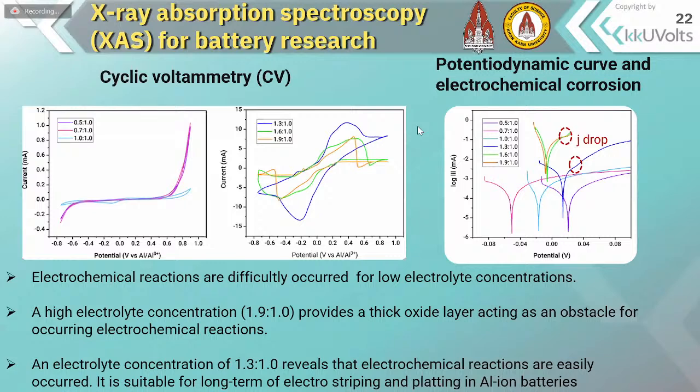And finally, an electrolyte concentration of 1.3 per 1 reveals that the electrochemical reaction occurs easily. This indicates that it is suitable for long-term electrode stripping and plating in aluminum-ion battery.